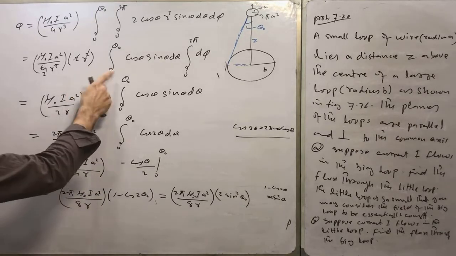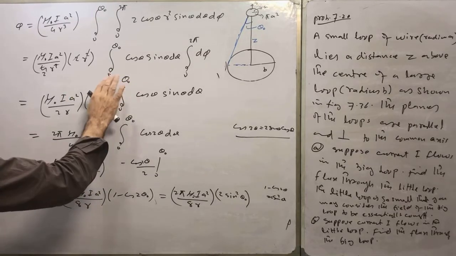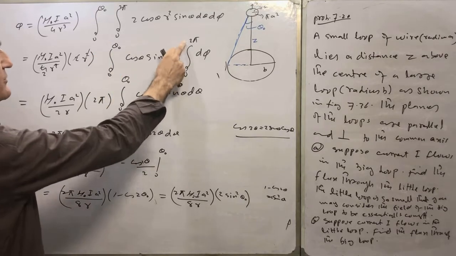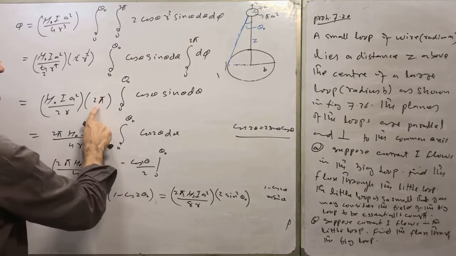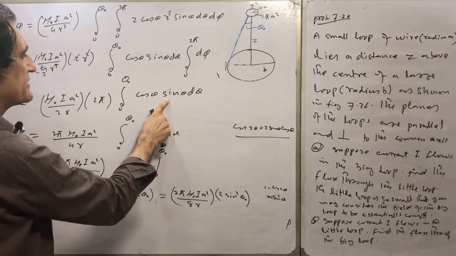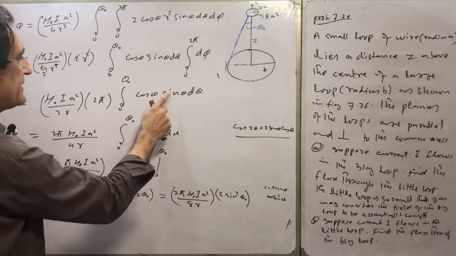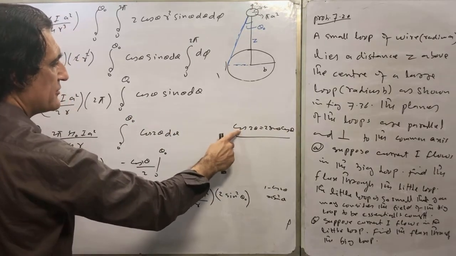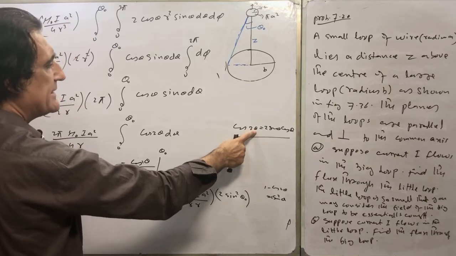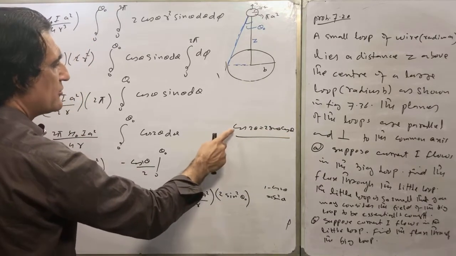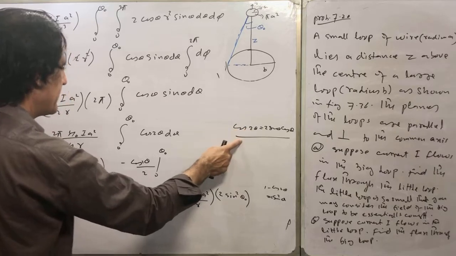Then we apply these separately, 0 to 2 pi, which becomes 2 pi, and 0 to theta naught of cos theta sine theta d theta. Since 2 sine theta cos theta is equal to sine 2 theta, sine theta cos theta is equal to sine 2 theta divided by 2.